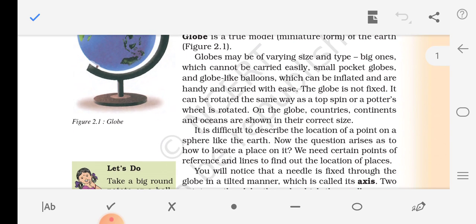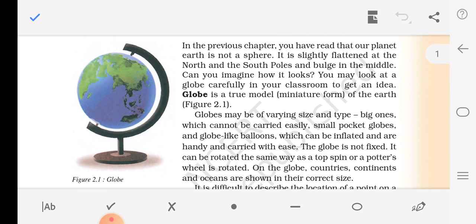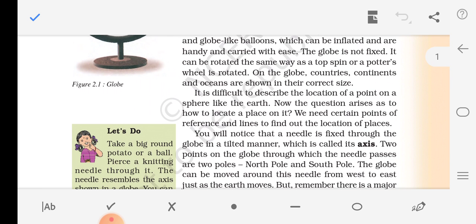What is axis? A needle fixed through the globe in a tilted manner is called its axis.